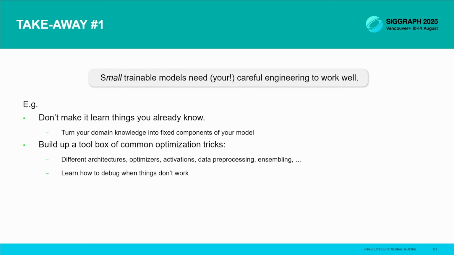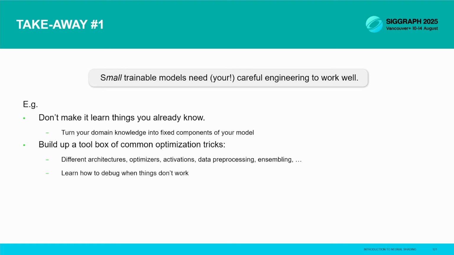Or, much like every tool in graphics, you need to build up sort of a mental toolbox of common optimization tricks to try, like different architectures or optimizers or activations, pre-processing your data, and so forth. And you'll have to build up some intuition for how to debug things when they don't work as expected.